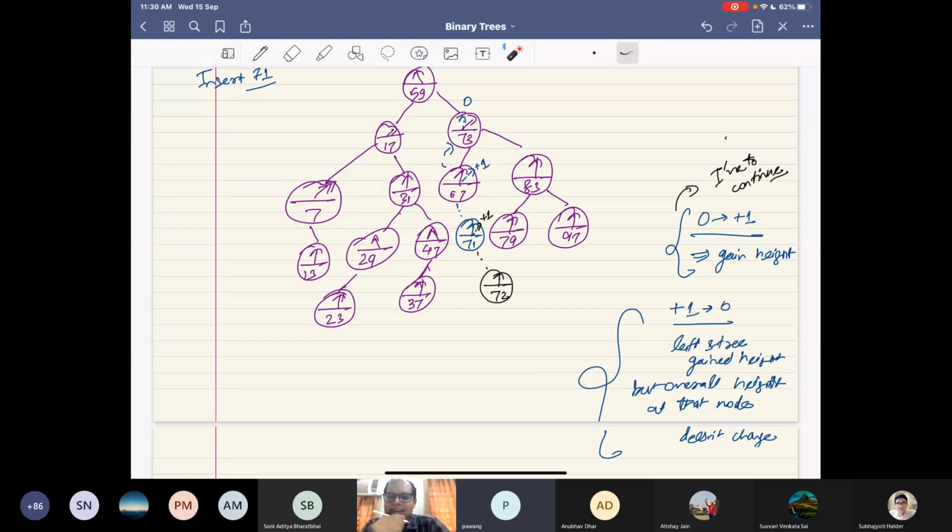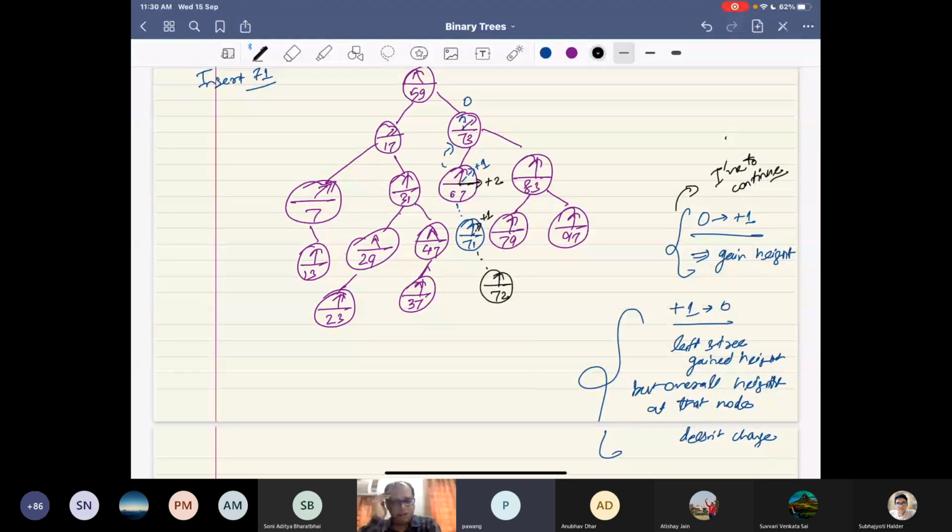What is the height of the right subtree? 2. What is the height of the left subtree? -1. That's what we discussed last week. For 67, its left subtree is -1, right is +1, so the balance factor becomes +2.